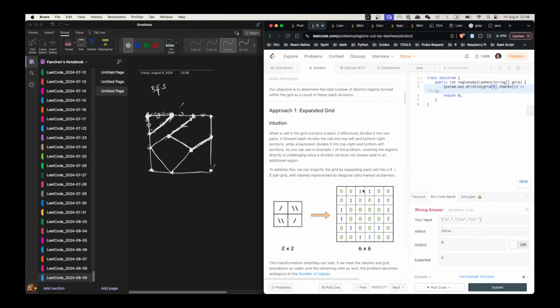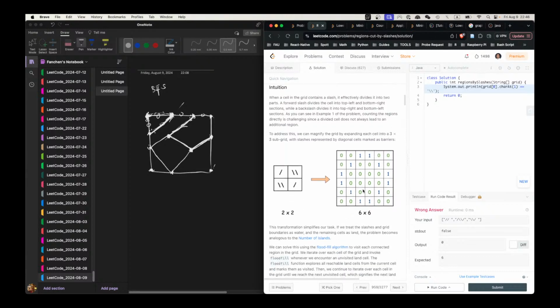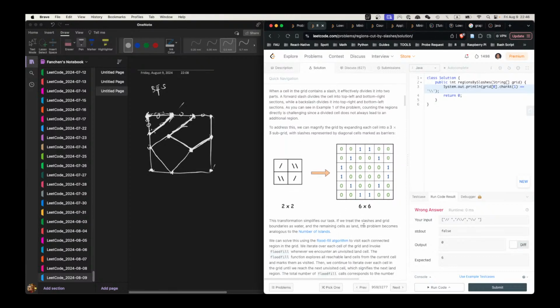Huh. If we treat the slashes on grid boundary as water and the remaining cells as land, the problem becomes analogous to number of islands. I think I did number of islands before. I don't remember number of islands. How do we do number of islands?